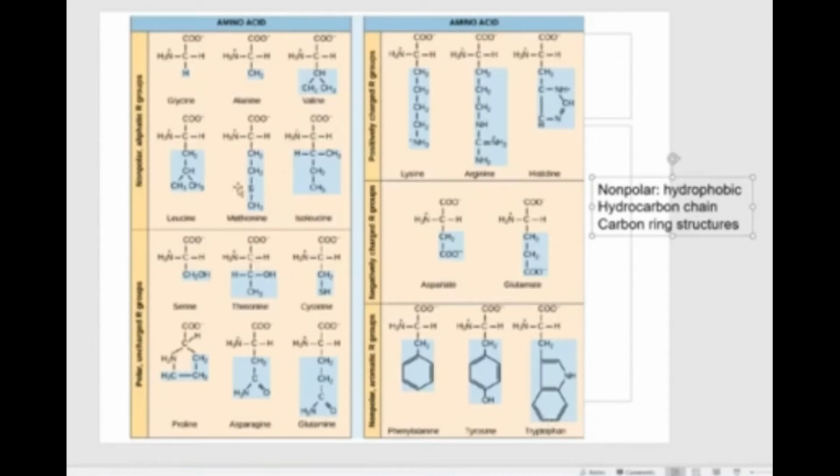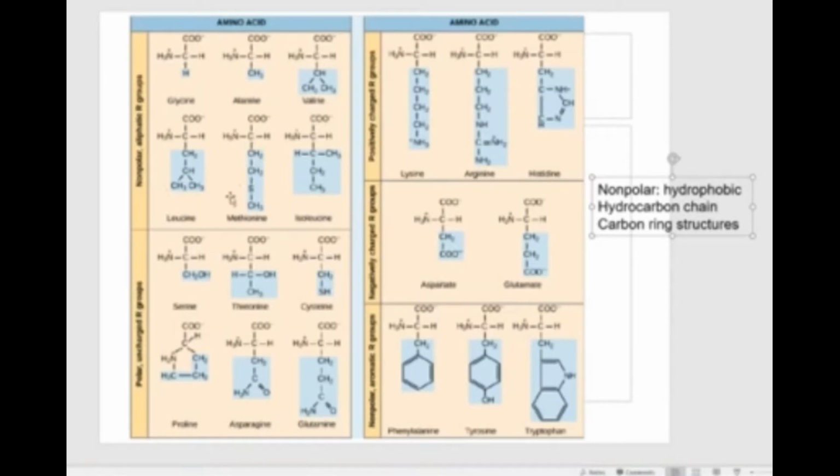So let's look at why some of the amino acids are nonpolar and some of them are charged. Okay, so you only need to focus on the R group. When you see hydrocarbons, basically it means you have mostly just carbon and hydrogen. Okay? It can be as small as a methyl group, or it can be very, very long, like these are pretty long.